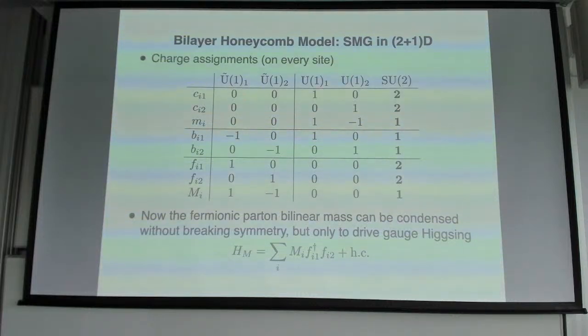It will only carry, for example, the first layer electron will carry one unit of charge under the first U1, and then representation 2, which means spin 1/2 under SU2. And then maybe the second layer does another thing, and this interlayer hopping is SU2 symmetric in terms of spin, but in terms of the layer, in terms of this charge, it basically removes one fermion from the lower layer to the upper layer, so it has this kind of charge assignment.